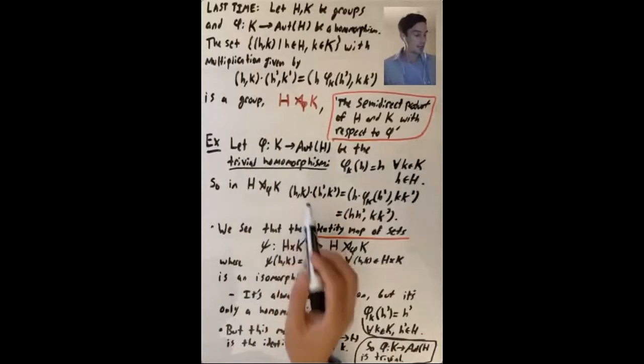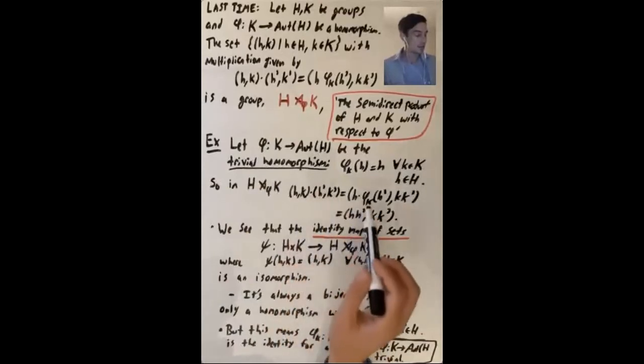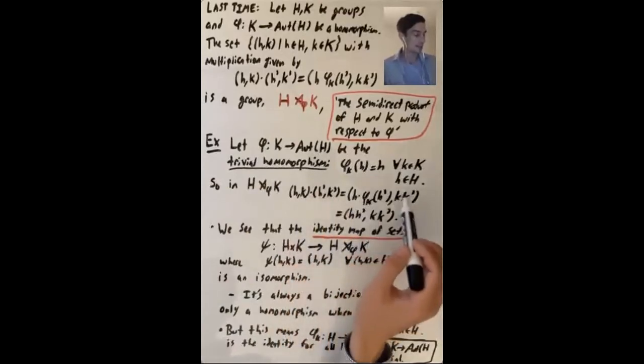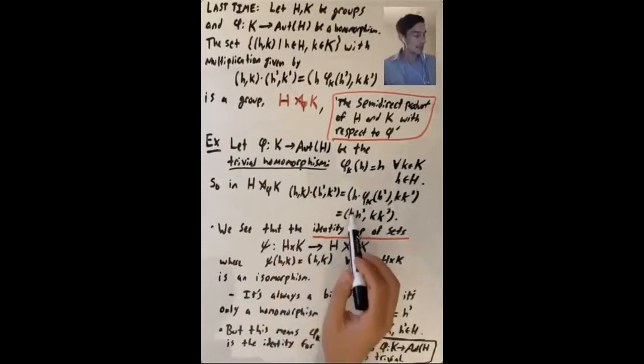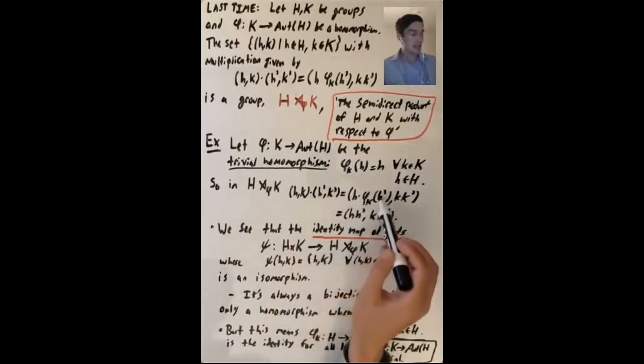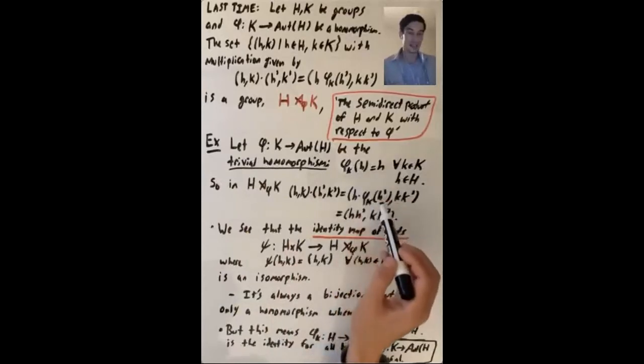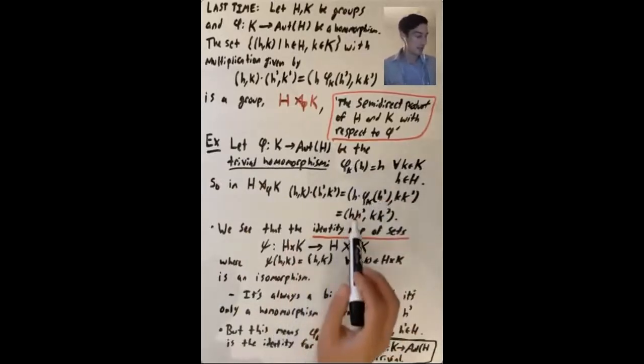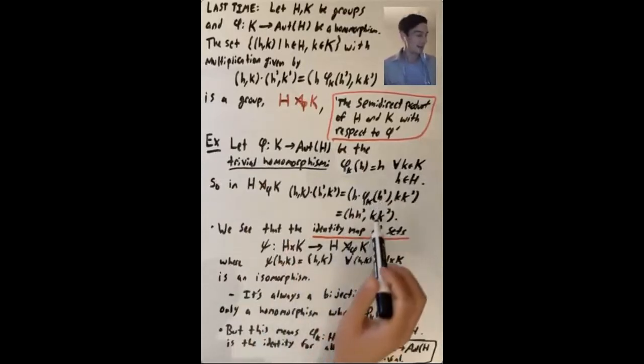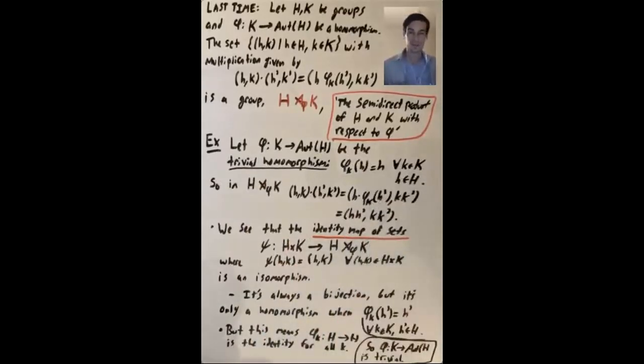So with this choice of phi, what does multiplication look like in this semidirect product? Well, (h, k) times (h', k') is h times phi_k of h', times k k', and phi_k of h' is h', because phi_k is always the identity automorphism of H. So we get h h' in the first coordinate, k k' in the second coordinate, and this looks exactly like the multiplication in a direct product. Why is that?